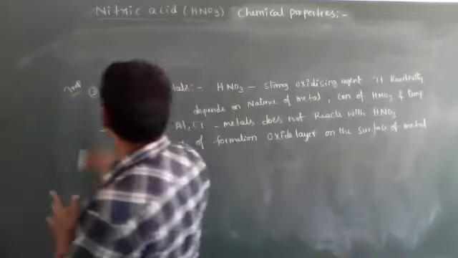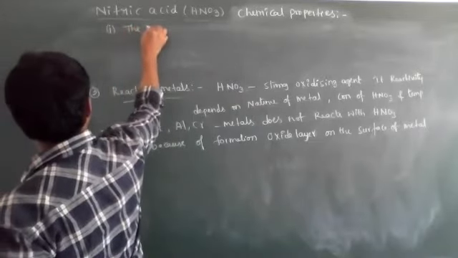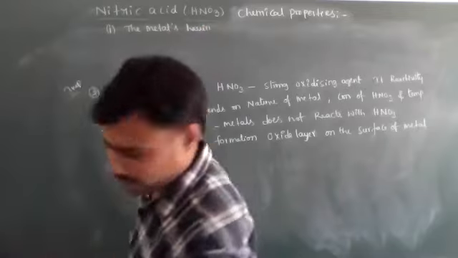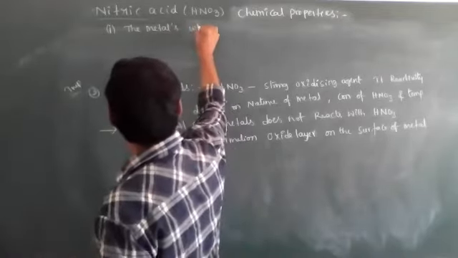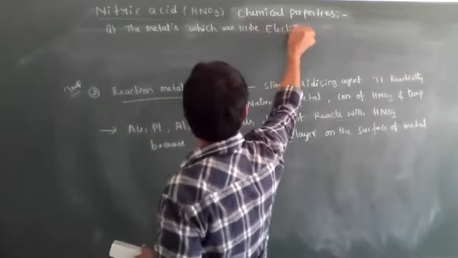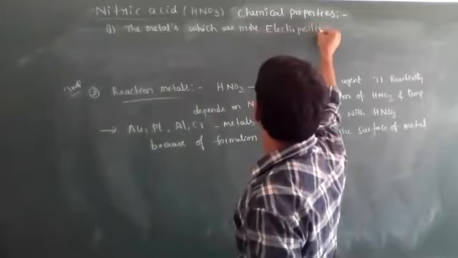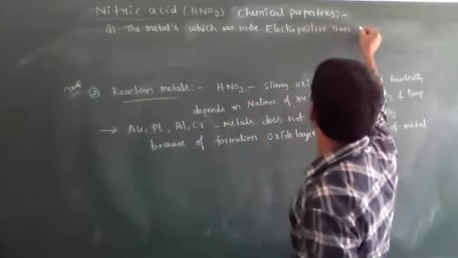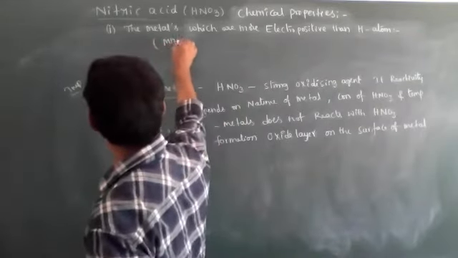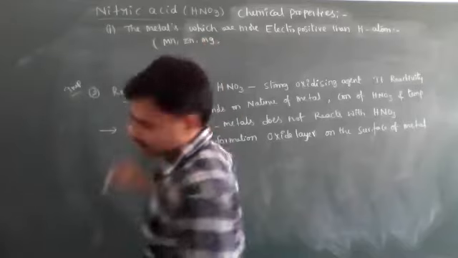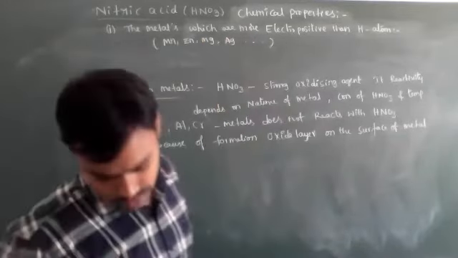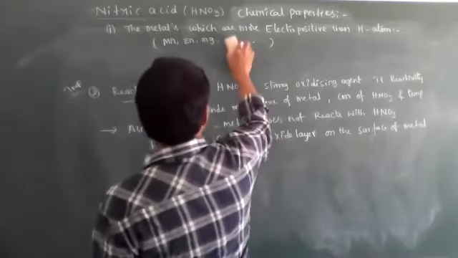The first case is the metals which are more electropositive than the hydrogen atom, like manganese, zinc, magnesium, iron.